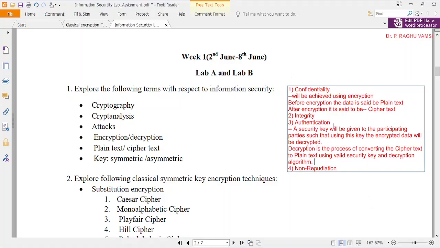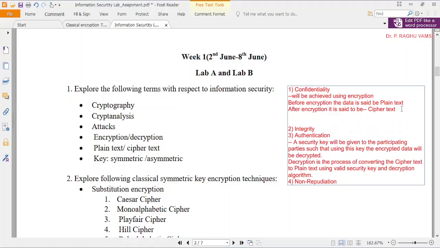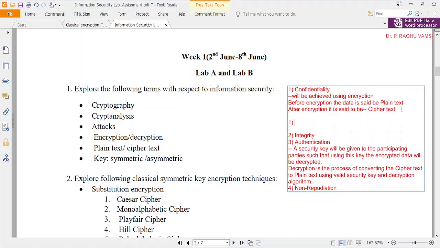Coming to this conversion or encryption, there is a wide variety of encryption techniques. Mainly there are two categories of encryption techniques. One is symmetric key encryption.